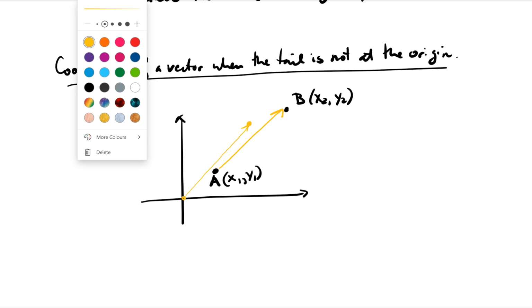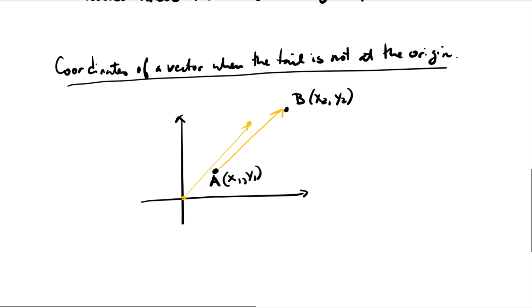Well, take a look at this right triangle. If I look at this leg of the triangle, this is x2 minus x1. It's the difference in the x coordinates of the points. And this is y2 minus y1. So we go forward by x2 minus x1, we go up by y2 minus y1.